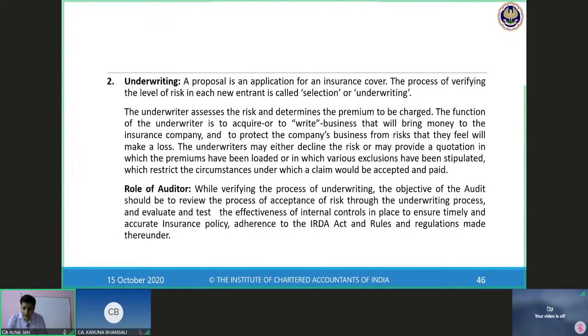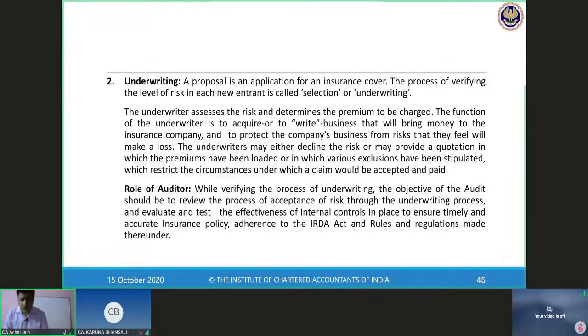The function of the underwriter is to acquire or write business that will bring money to the insurance company and to protect the company's business from risks that they feel will make a loss. The underwriters may either decline the risk or may provide a quotation in which the premiums have been loaded or in which various exclusions have been stipulated, which restrict the circumstances under which a claim would be accepted and paid.